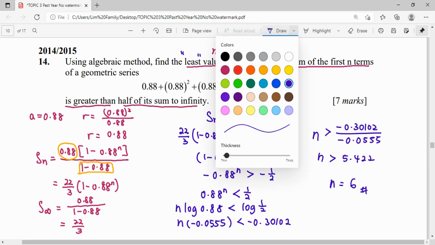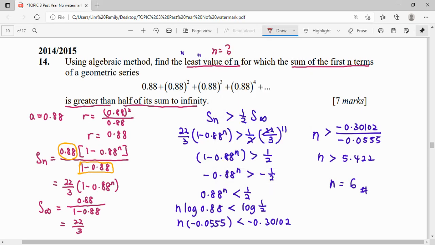Then we are going to see what is important here. First of all, we have to find out our first term and common ratio. Then from there, we find our Sn and sum to infinity. That is our concept of applying the formula. And according to the question, it said greater than half of the sum to infinity. So this is the basic information to write.